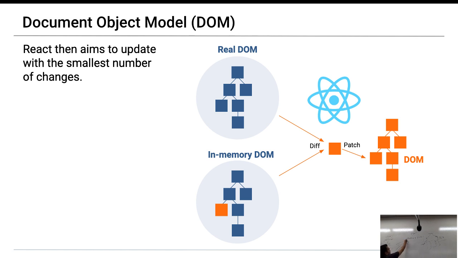Then the React algorithm figures out the smallest, quickest set of changes to update the real DOM, instead of doing the whole page. That's the concept of virtual DOM, and that's what makes React extremely fast compared to jQuery or vanilla JavaScript.